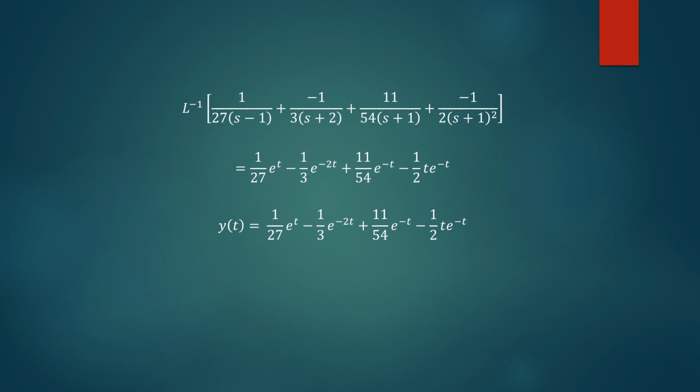And then we plug the constants back into the equation and find the Laplace inverse. So y(t) equals 1 over 27 e to the t minus 1/3 e to the negative 2t plus 11 over 54 times e to the negative t minus 1/2 t times e to the negative t.